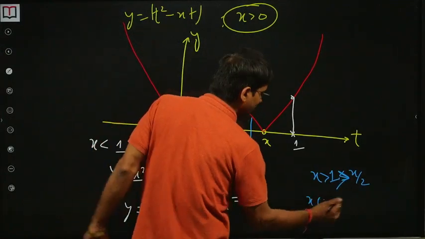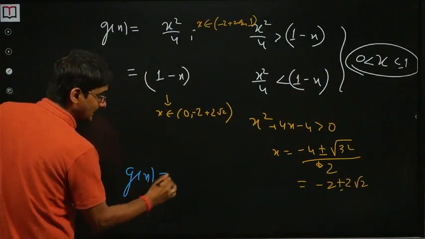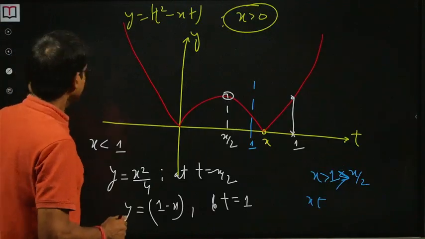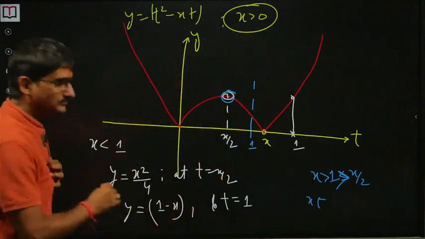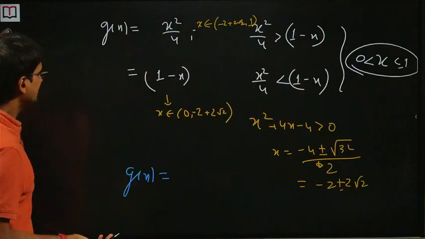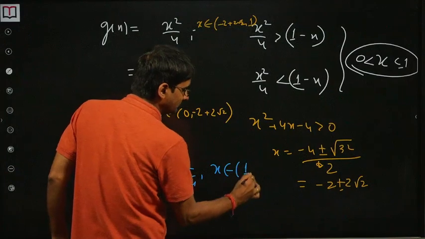That means x belongs to 1 to 2. So g(x) when x belongs to 1 to 2: again the maximum value is at x/2 for sure, so x²/4 when x belongs to 1 to 2.